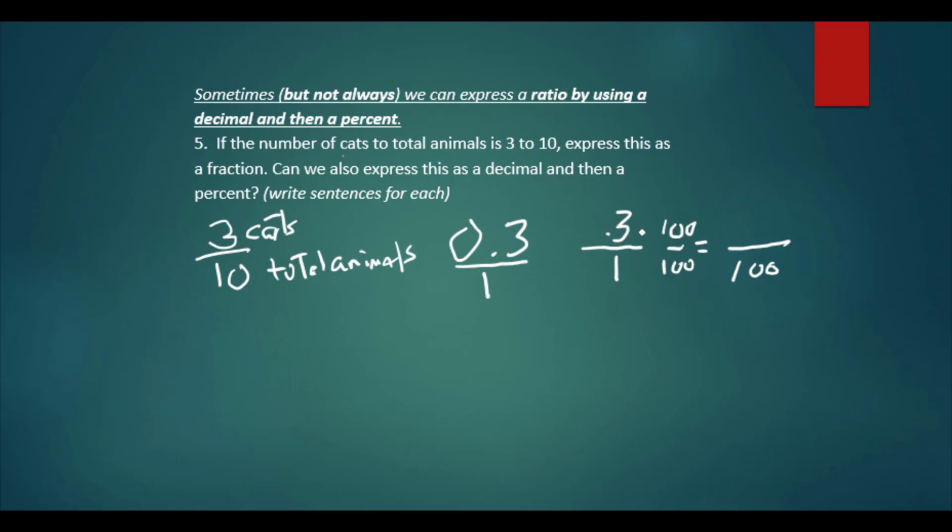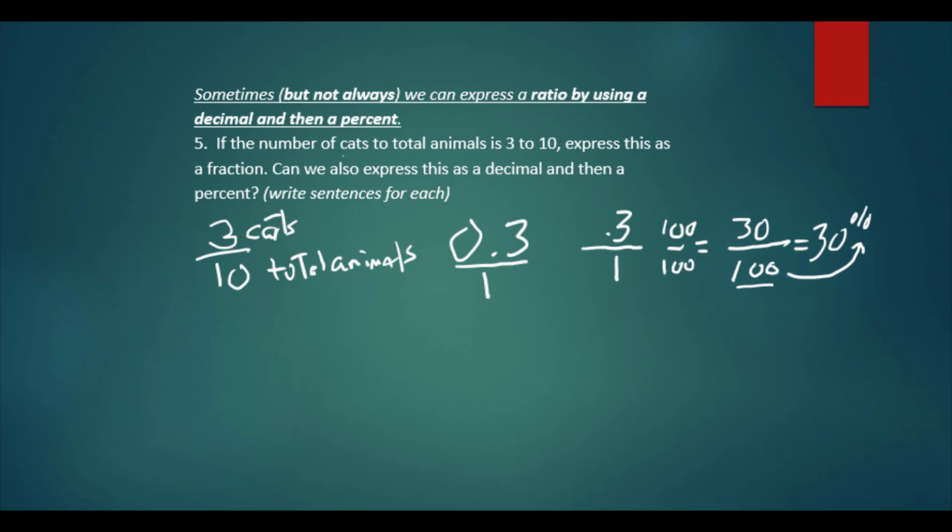And that would move the decimal 2 places. And I would get 30%. Some students think you just move the decimal 2 places, and you can do that if you recognize you're also doing the same thing to the denominator. You're just moving, notice this is a 1 with 2 zeros, a percent sign. You're moving that up here.